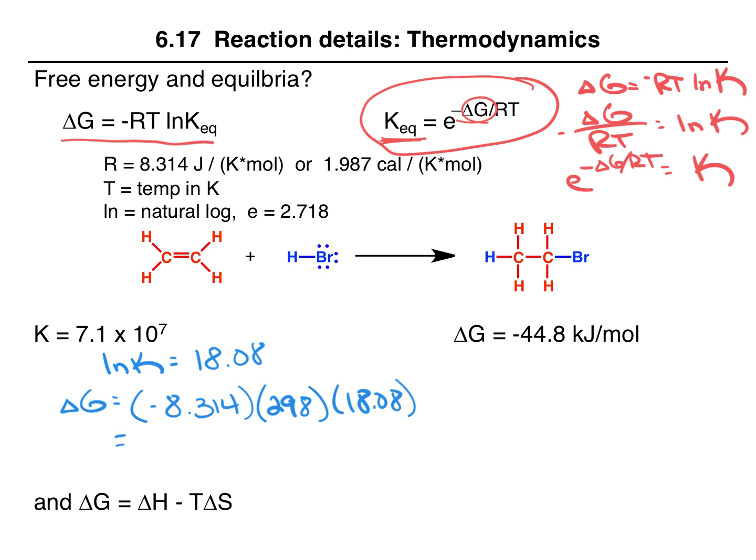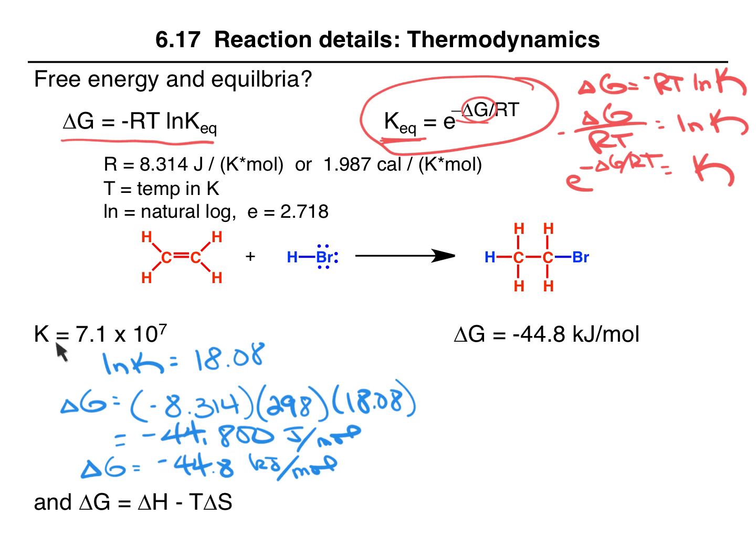And so that should give us a value of approximately negative 44,800 joules per mole, or we could say that the delta G is negative 44.8 kilojoules per mole. Because the delta G is negative, we know that this is a favorable reaction.